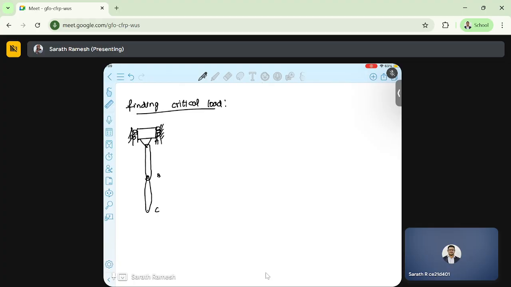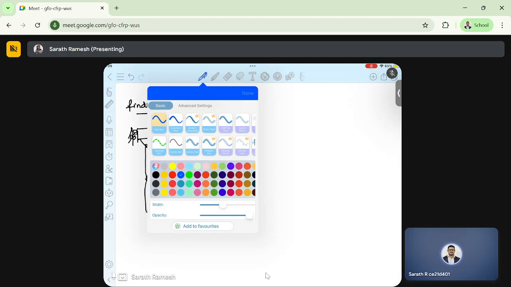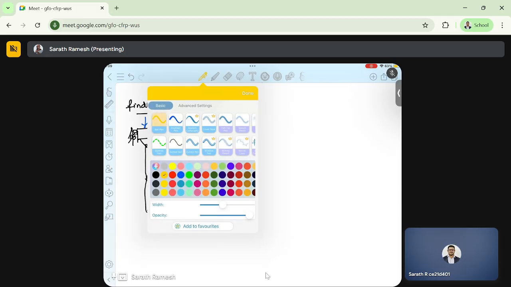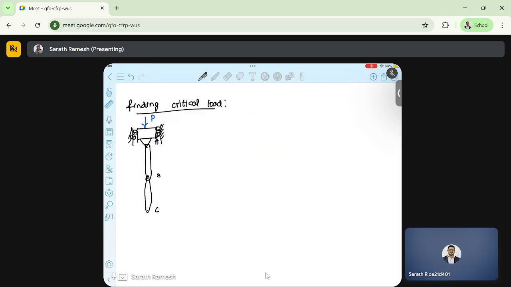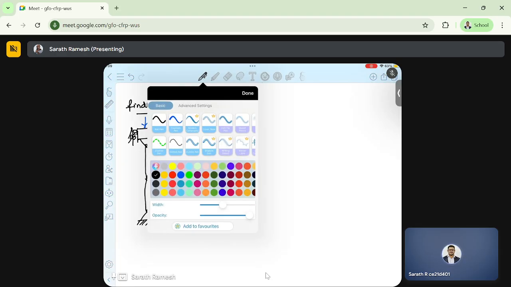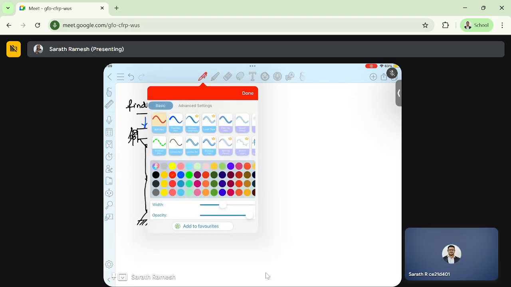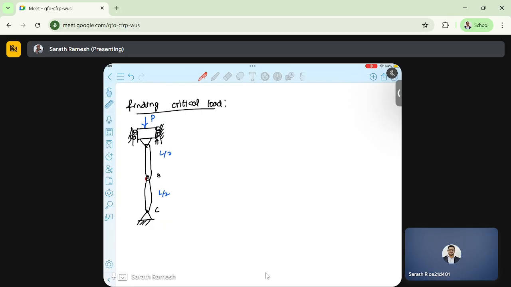There is a load applied here, say P. And here there is a hinge support at C. Assume this length is L by 2, L by 2, and there is a rotational spring at the center with spring constant K.